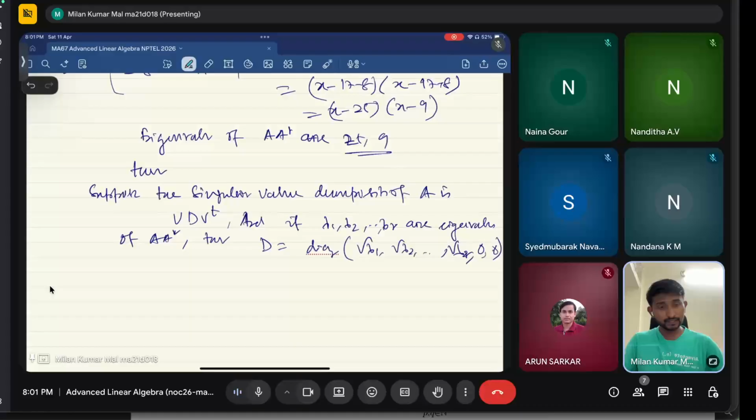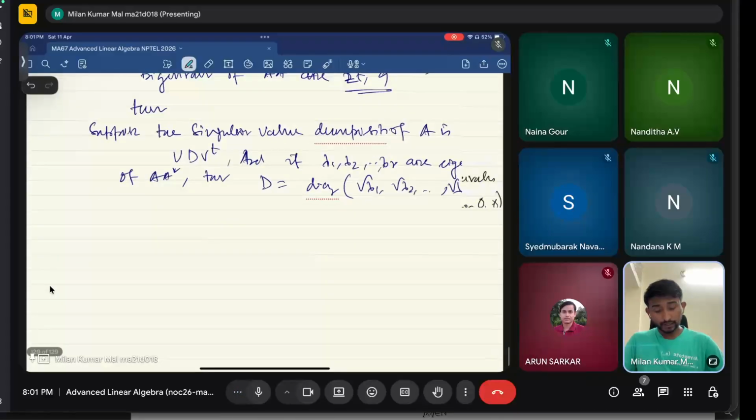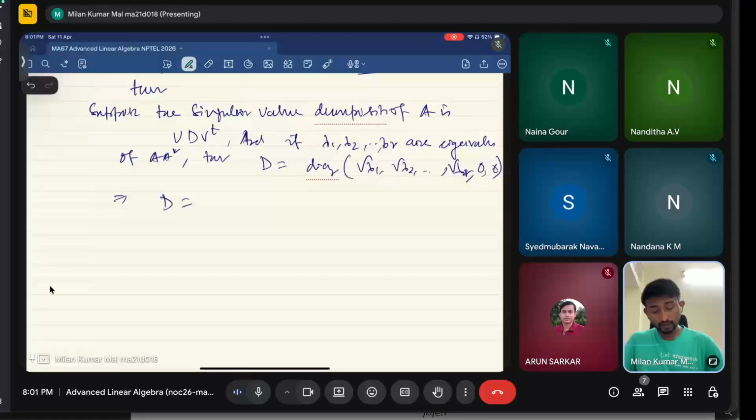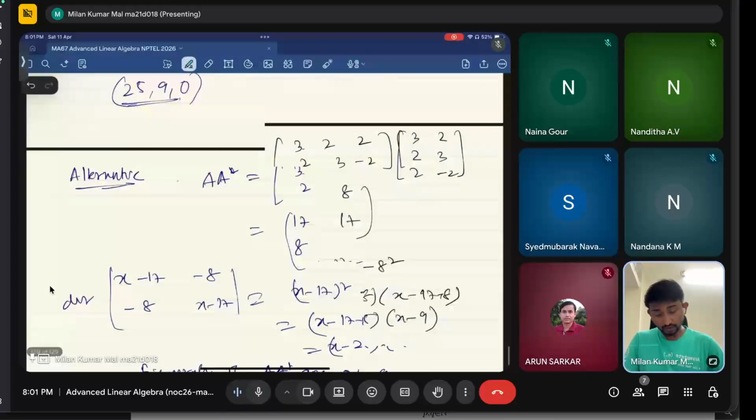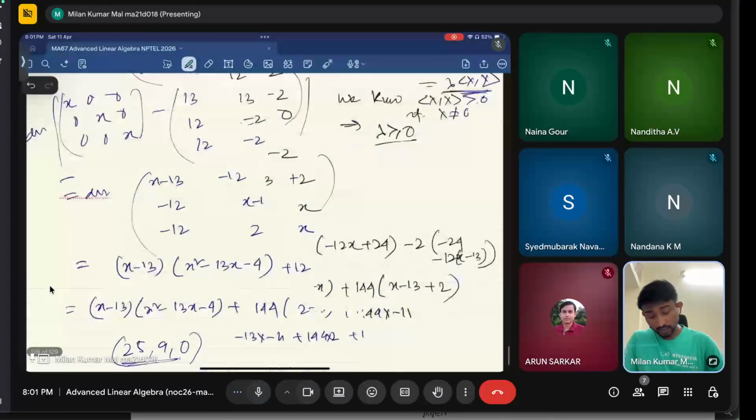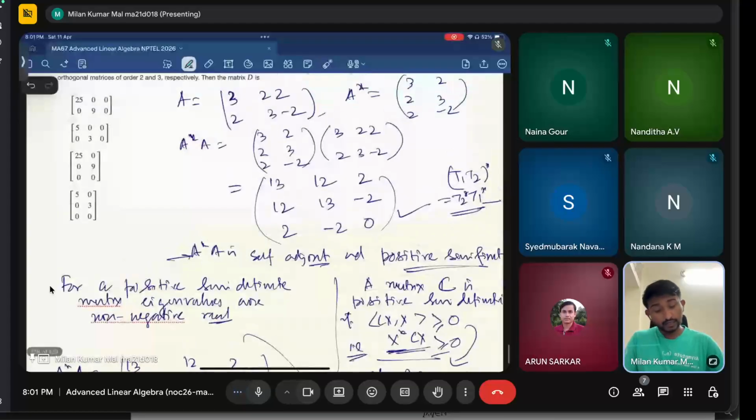So here we have exactly the same thing. Therefore the matrix D has to be equal to the diagonal of 5 and 3. So let's see which option it is. 5, 3 and 0, whatever that is, but which matrix? These are the two possible options, but there will be some order things. Okay, let me check which order is there.